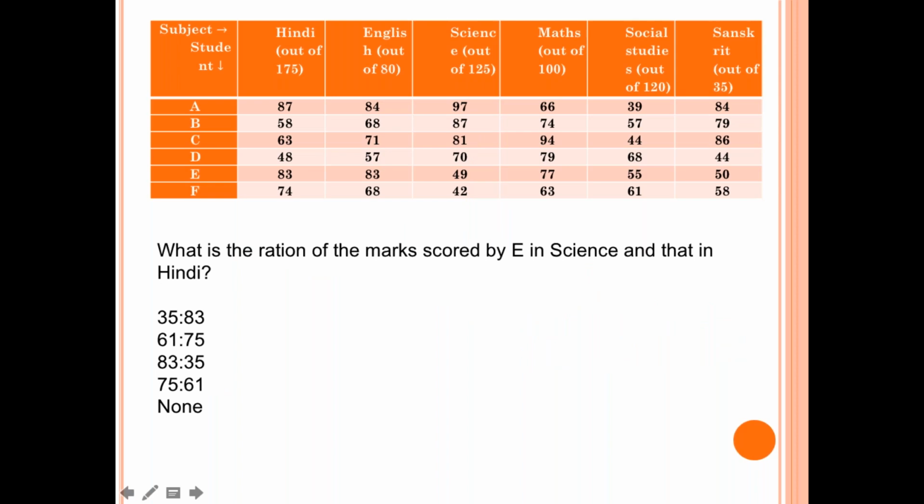What is the ratio of marks scored by E in science and that in Hindi?